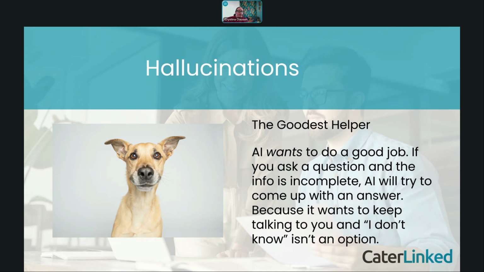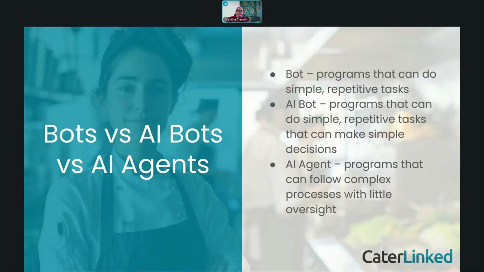So let's talk about bots versus AI agents. A bot is a program that can do a simple repetitive task. You can go to this page and click login. An AI bot is a program that can do a simple repetitive task but can make simple decisions. Go to this website and click login. Well, there's no login button.